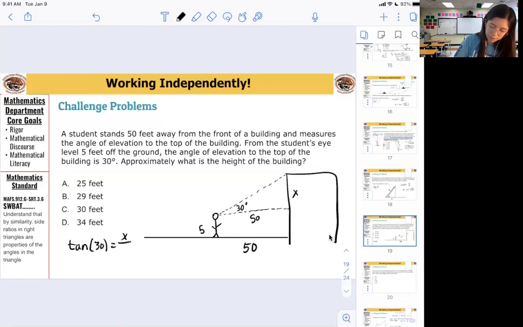equals x over 50. So 50 times the tangent of 30 is x, and then we're going to have to add 5 feet to that. Tangent of 30 times 50. Yeah, you got 28.8, but what do you have to do to that?